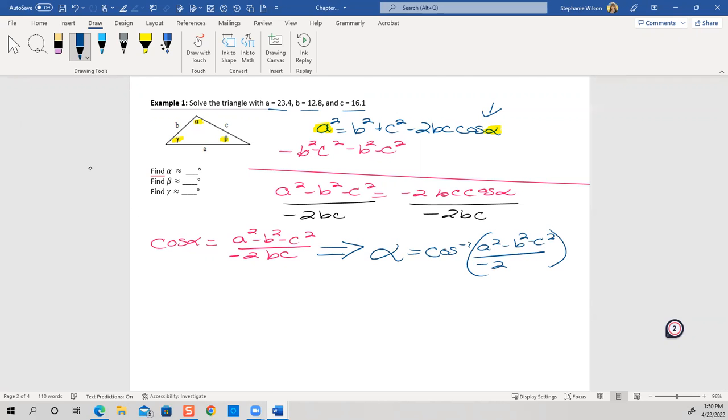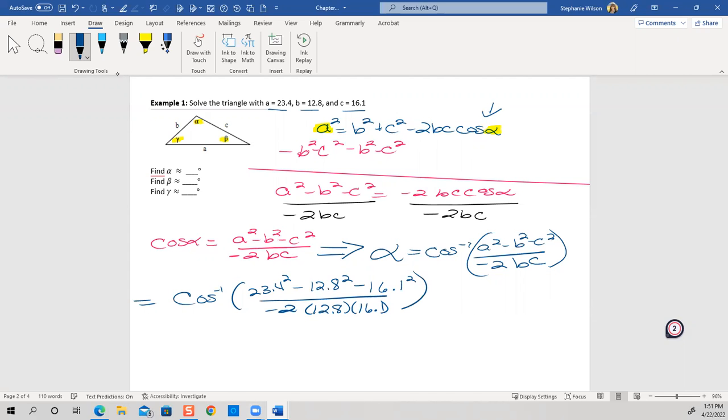Now I want to start plugging in everything I know. A is 23.4 and we're going to square it, minus B, which is 12.8, squared, minus C, which is 16.1, squared. Then we divide that by negative 2 times B, which is 12.8, times C, which is 16.1.